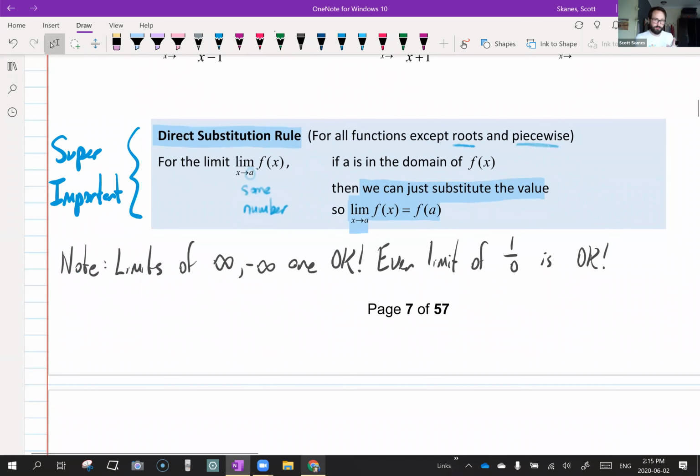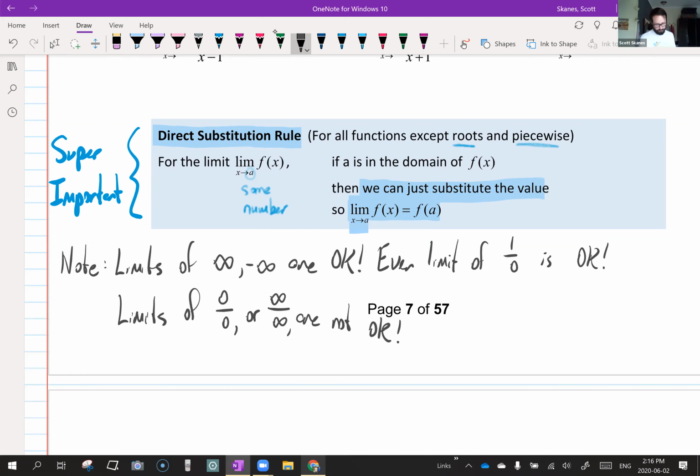The problem is the problematic limits that come up later, limits that give 0 over 0 or infinity over infinity are not okay. So those are just 3 points that I wanted to mention that will become more important later. For now, just keep it in the back of your head.